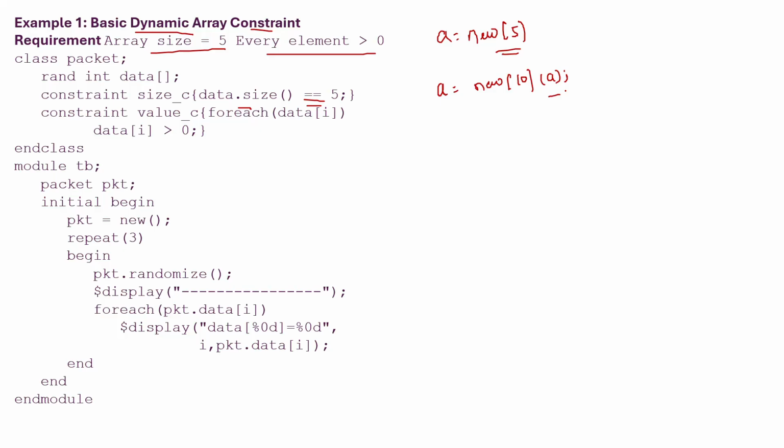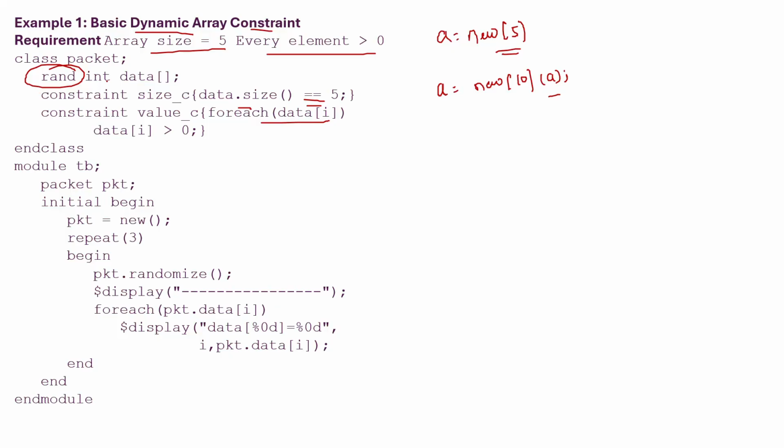Same way, here also I can mention the size. So A dot size equal to 5. So size is the inbuilt method in the dynamic array. And then for each data of I, each and every element I will consider because I am taking the randomized data.